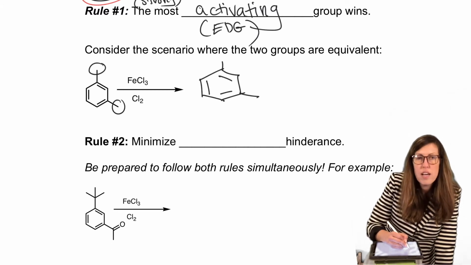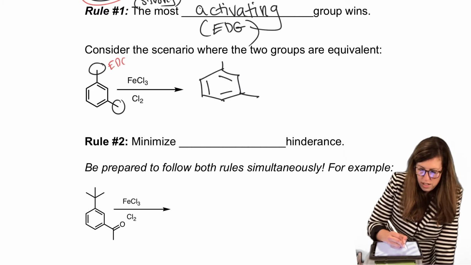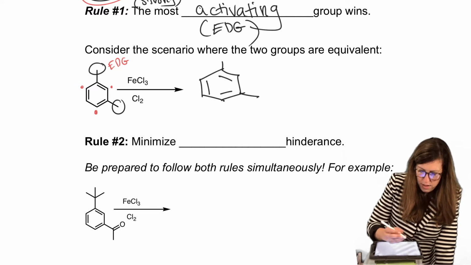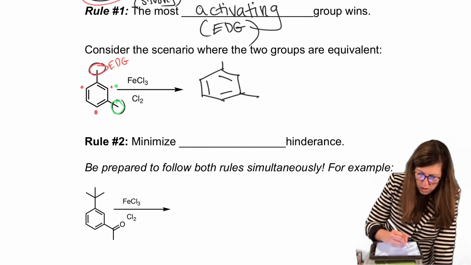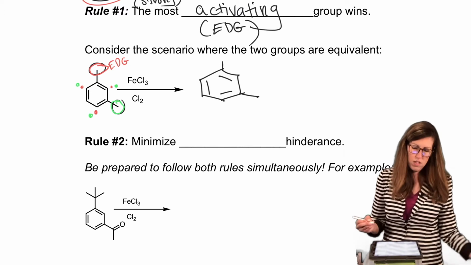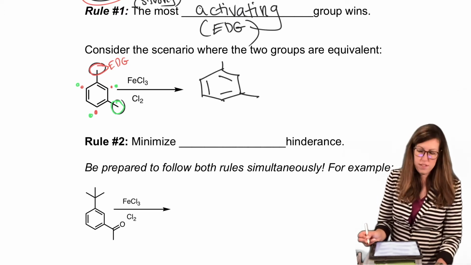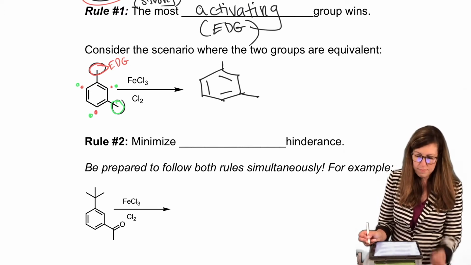We know that it's an EDG. It's weakly activating. It wants ortho, ortho, or para. Now let's try that for this one. Let's make this one green. Ortho, ortho, or para. So they all coincide with the same desired placement.